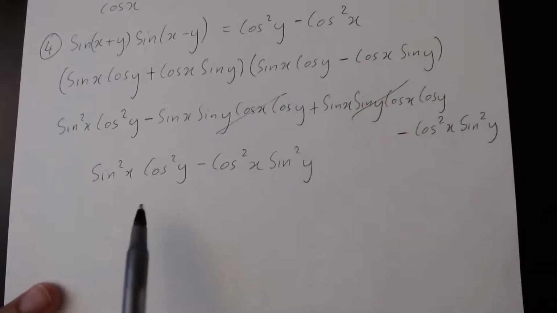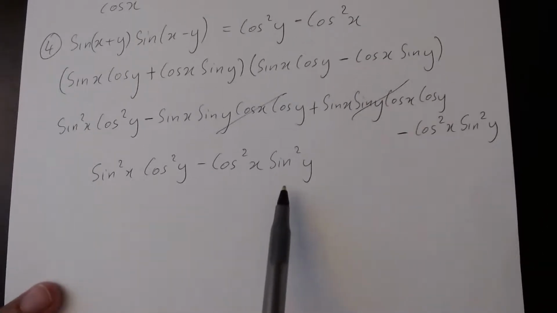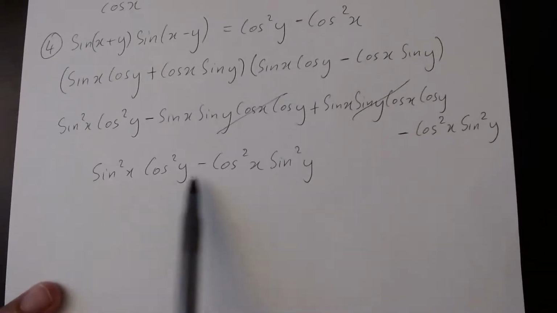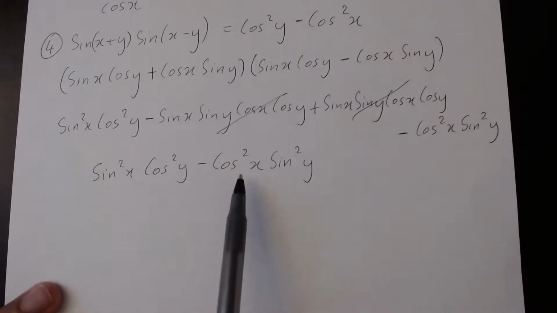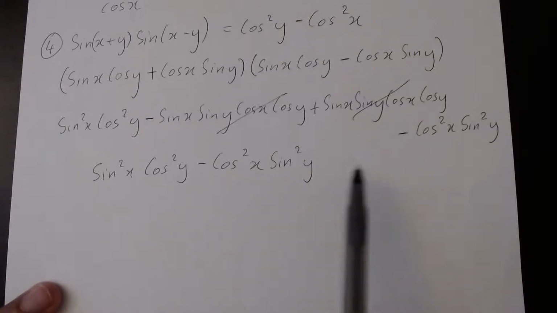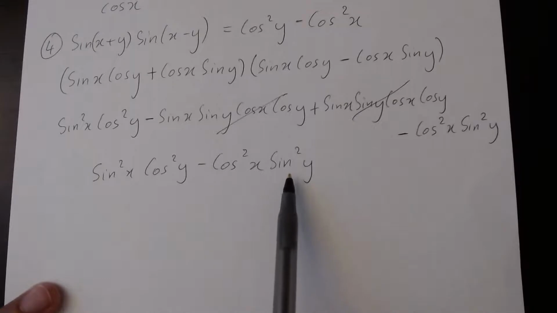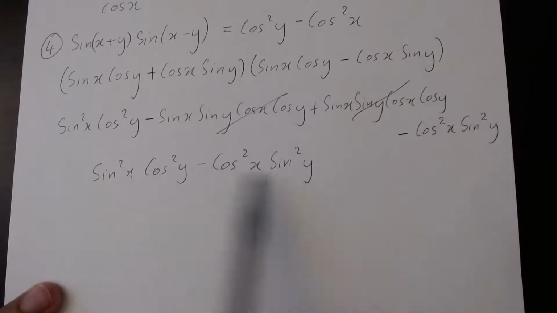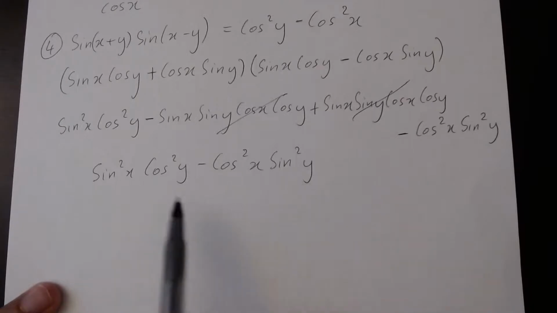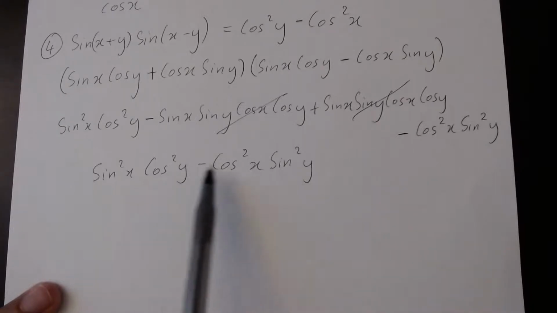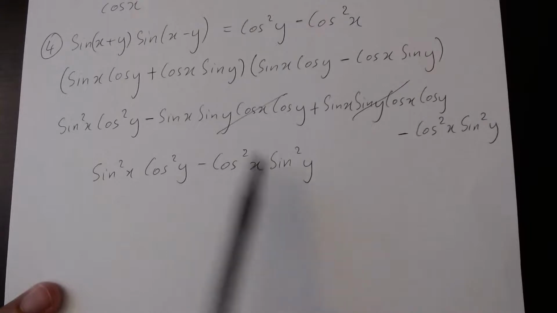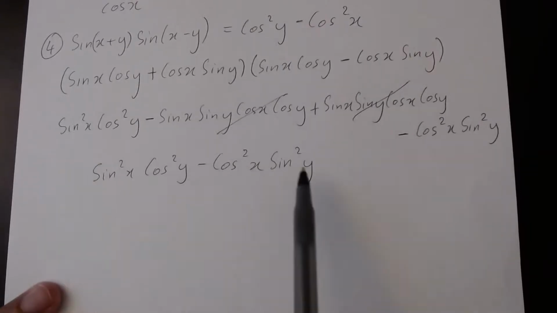This is almost the same. What I can do over here is I can change my sine squared. Well, I can do difference of squares here. But would I want to do that? That would actually take me backwards to the question. So you definitely don't want to do difference of squares.